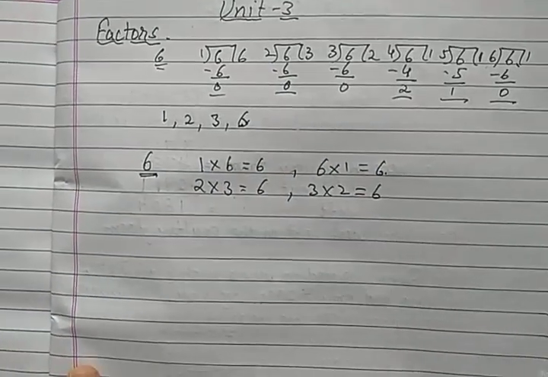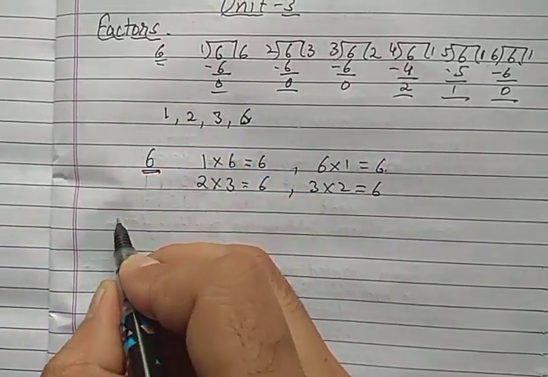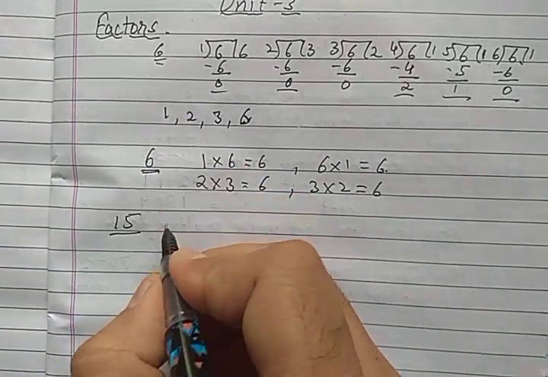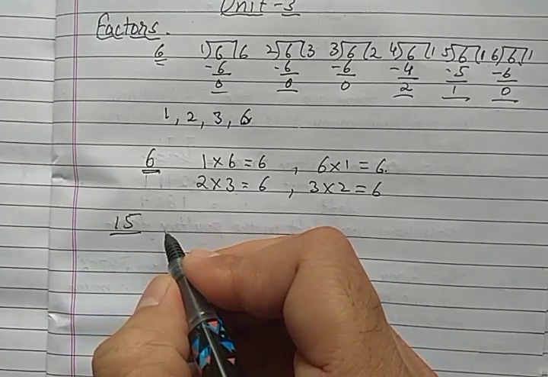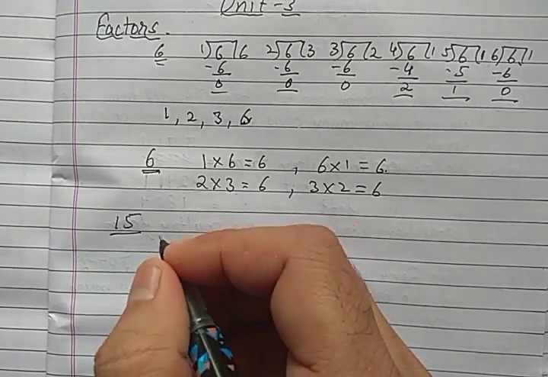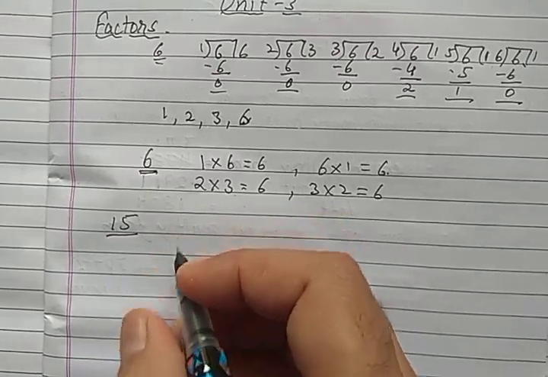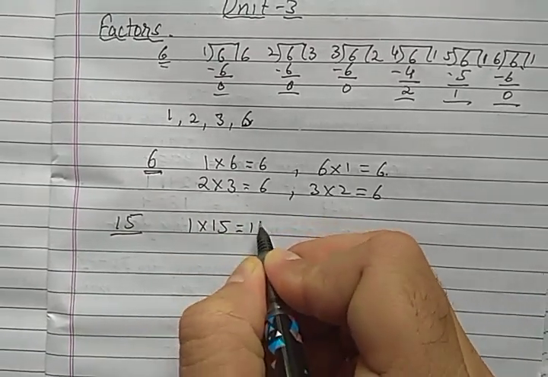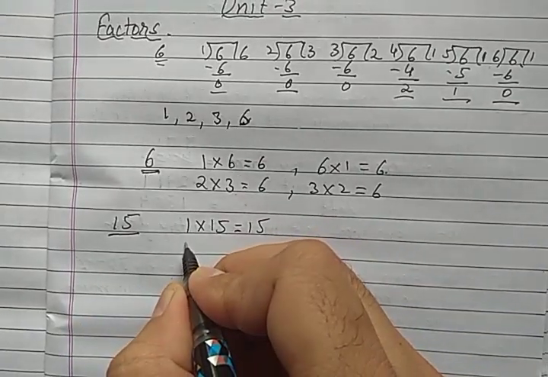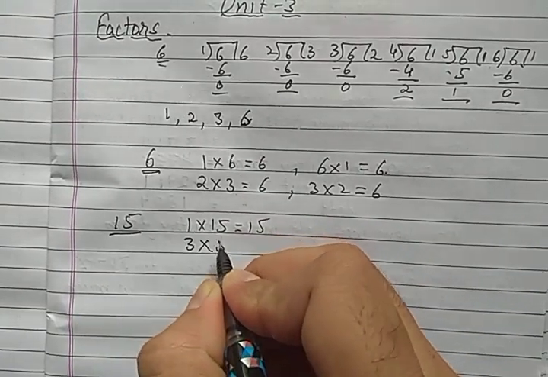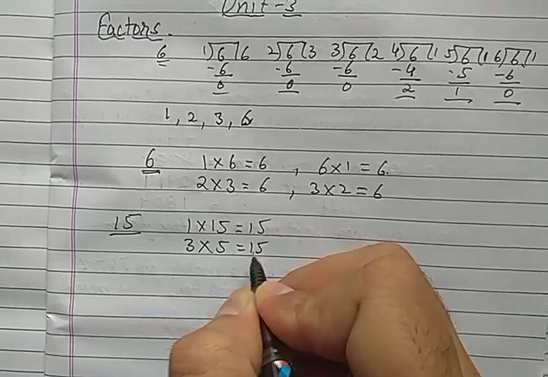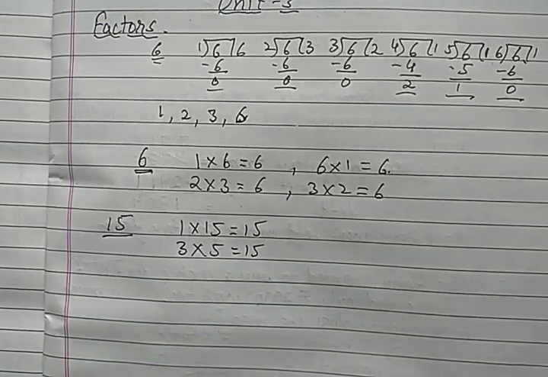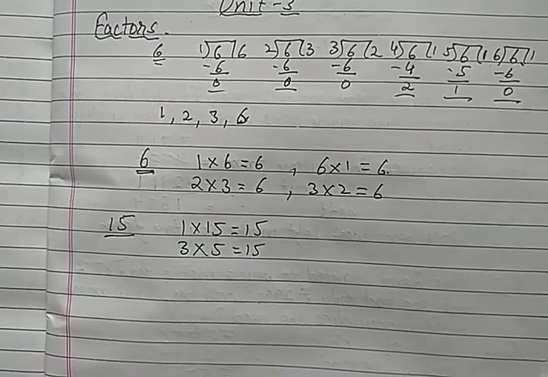Let us take one more example. Suppose we have to find out the factors of 15. Now we will see that 15 will come in which table. So 1 15s are 15, then 3 5s are 15, and is there another number in which 15 comes?